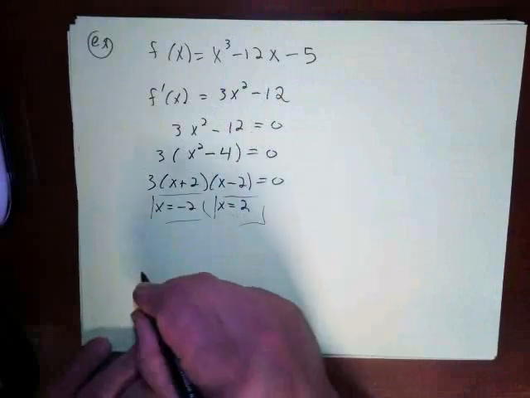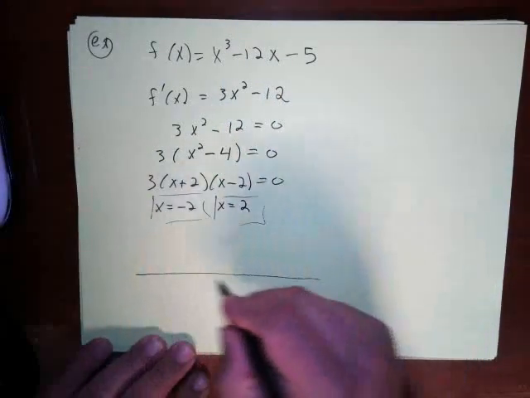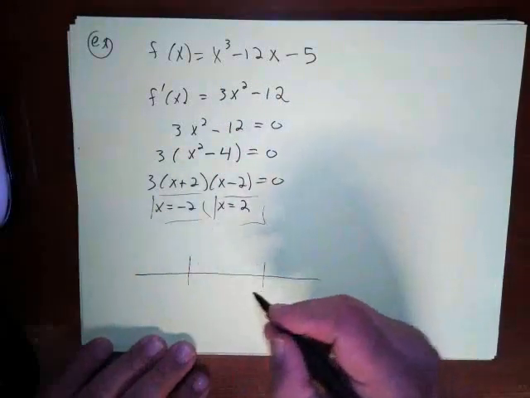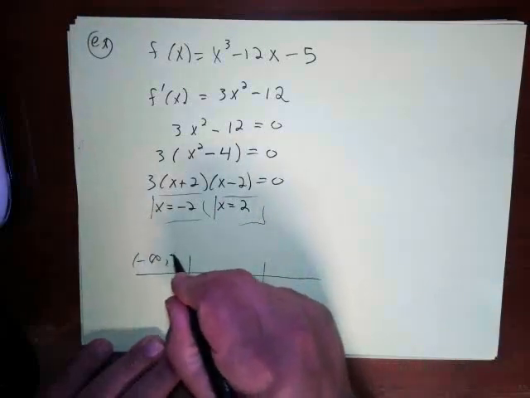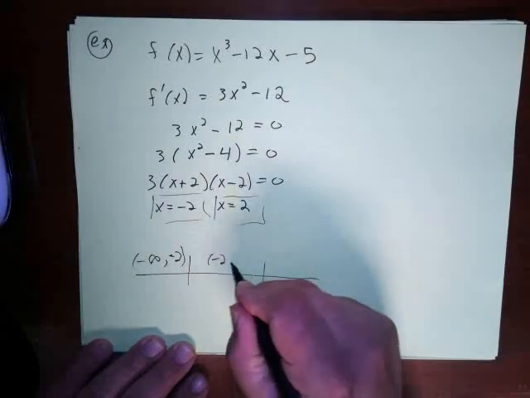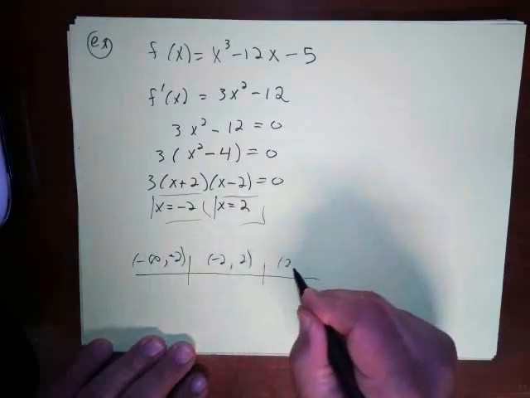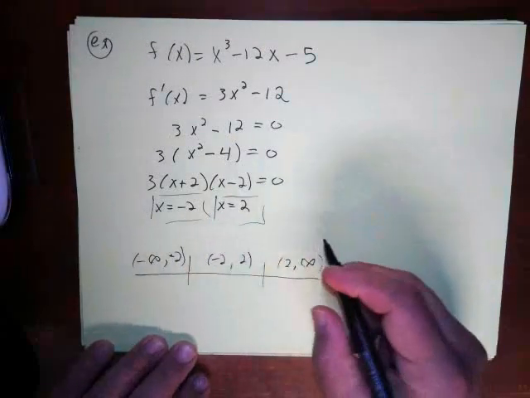Then we could make this table. I want to show you something else about this too. This is negative infinity to negative 2, negative 2 to 2, 2 to infinity.